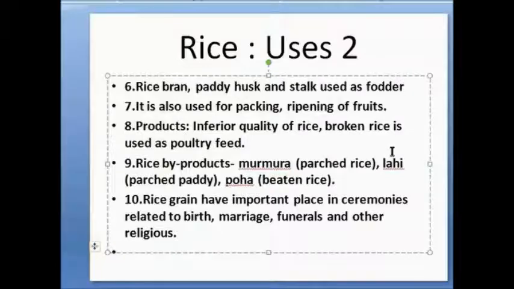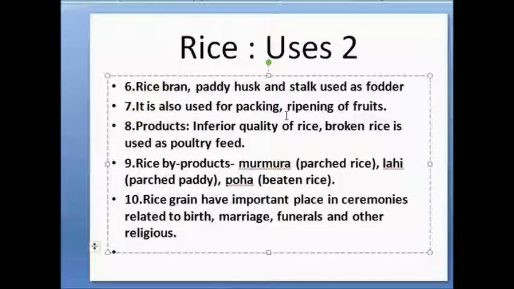So there is more demand. Husk is also used for packing various brittle articles like crockery, glassware, and so on. Some fruits need to be artificially ripened, and for that purpose, this rice husk is used.